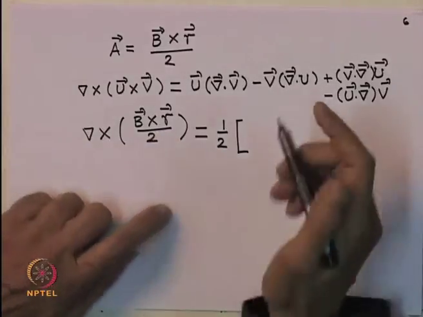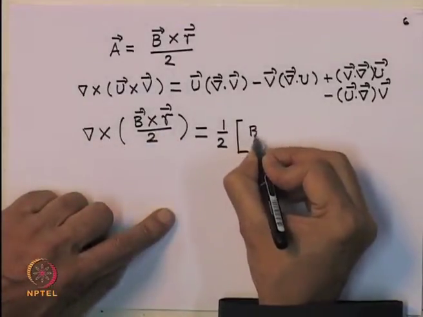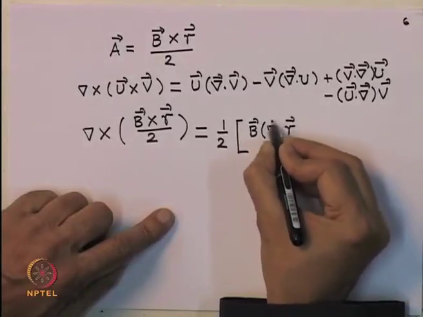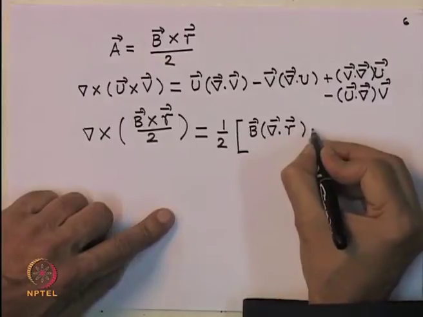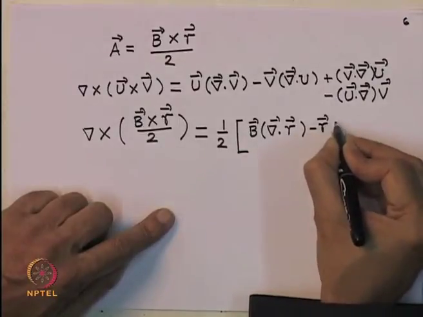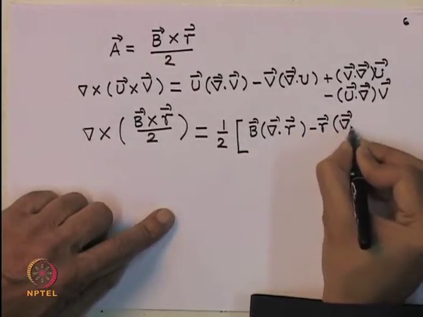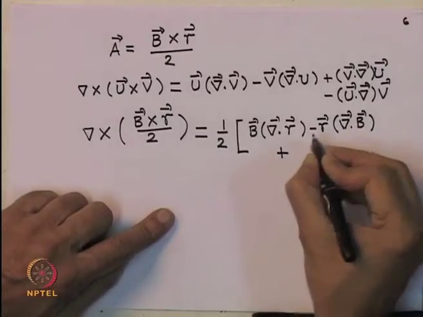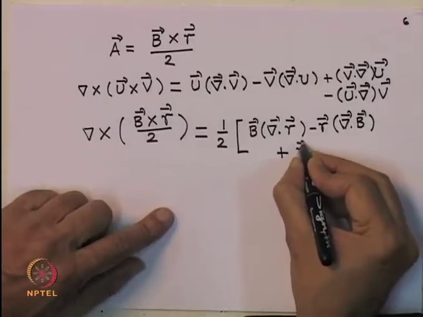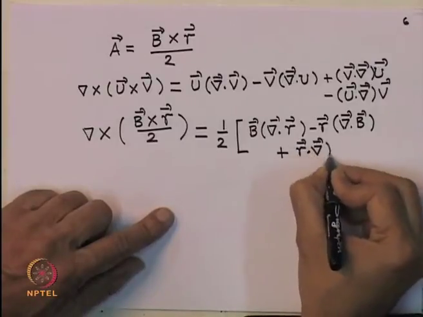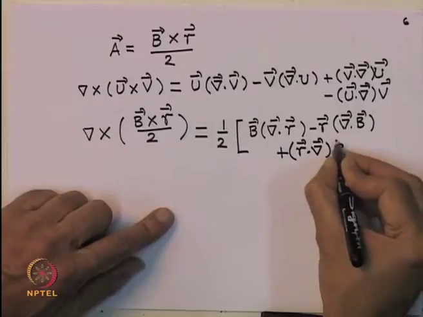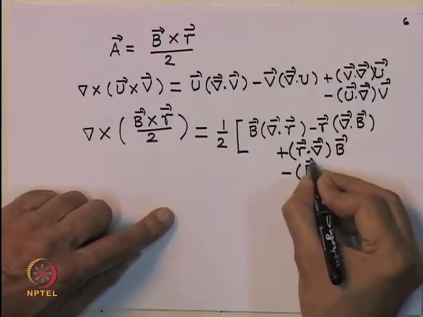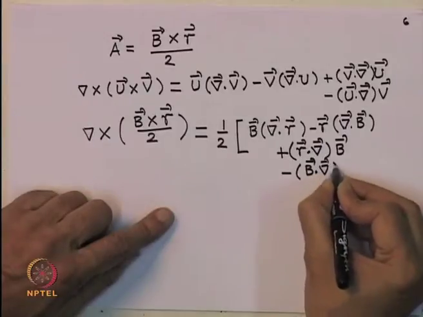So, what I get is B times del dot R minus R times del dot B plus R dot del of vector B minus B dot del of vector R.